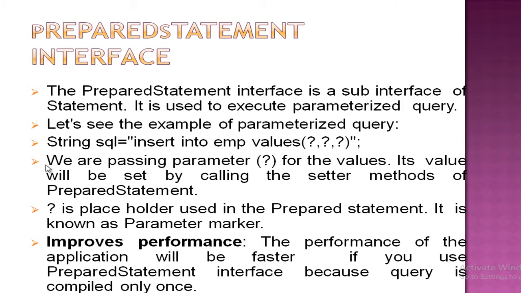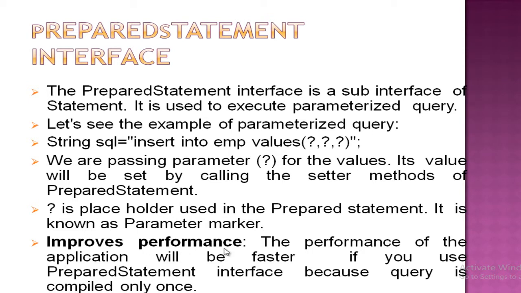Okay, so we are passing the parameters for the values, and the value will be set by calling the set methods. Right? So in place of the question marks, what do we have to put? The value. That is known as the parameter marker. It improves the performance.